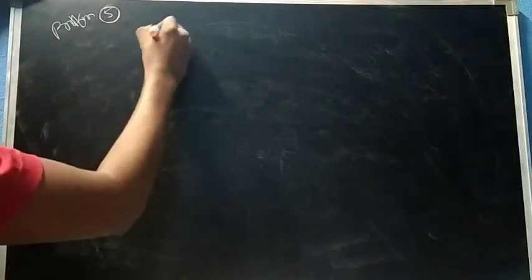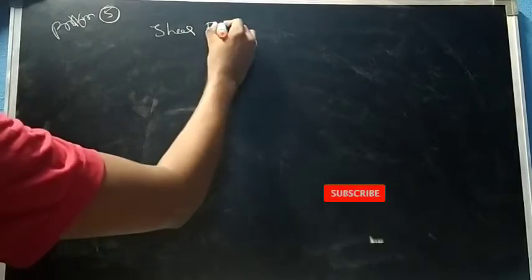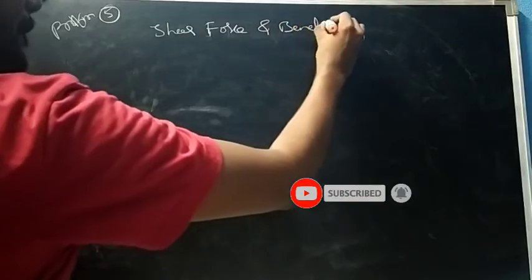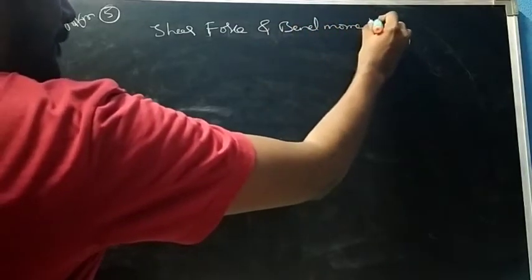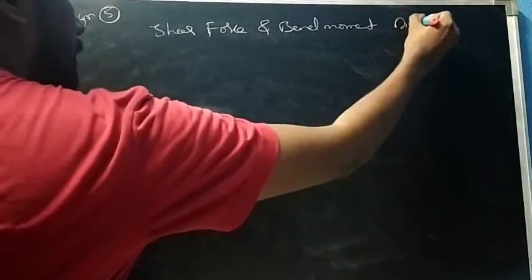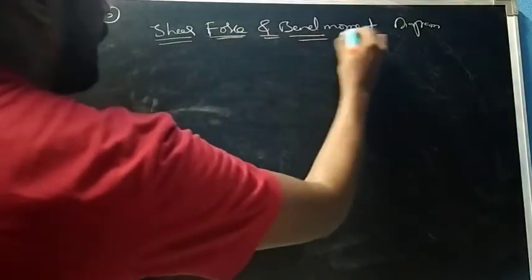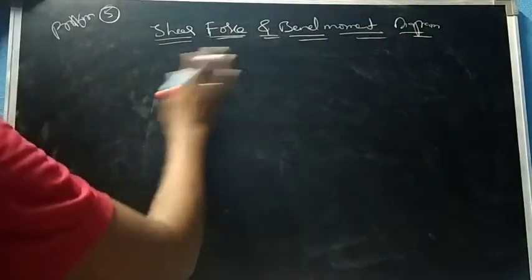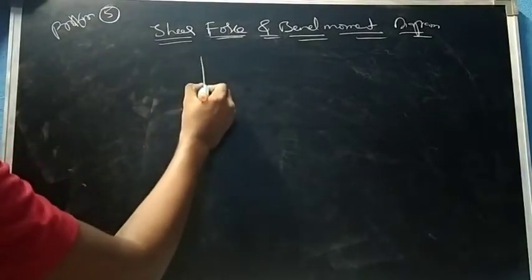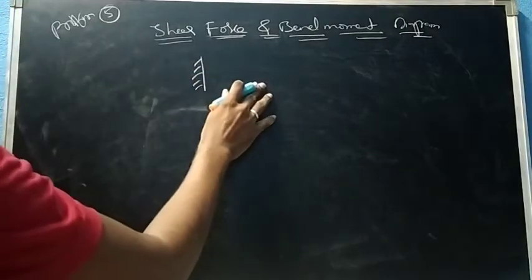In order to draw the shear force and bending moment diagram, we need to draw a free body diagram of the beam, that is our cantilever beam. So I will just draw the beam first.